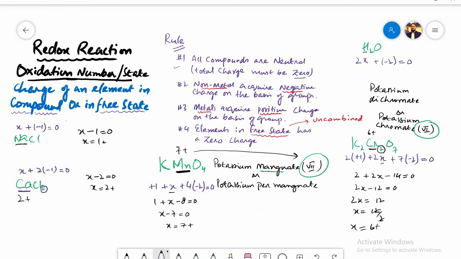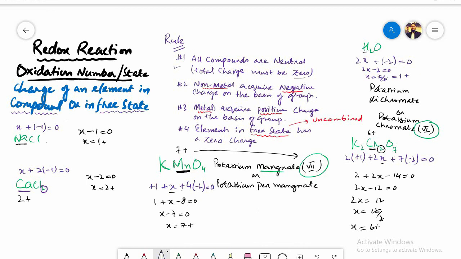Based on the group number, the total charge must be 0. So we can say that 2x plus minus 2 is equal to 0, and the calculation suggests x is equal to 2 divided by 2, which gives a total value of 1 plus.